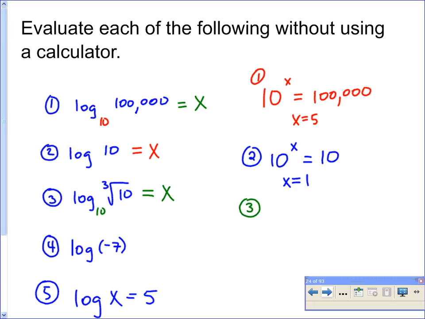So I can write 10 raised to the x power is equal to the cube root of 10. Now this one's going to take a little more work, not too much more. But I can rewrite that cube root of 10 as 10 to the 1/3 power. And if I have the same bases, then I know that my exponents have to be the same since they're equivalent. So x is equal to 1/3 there.